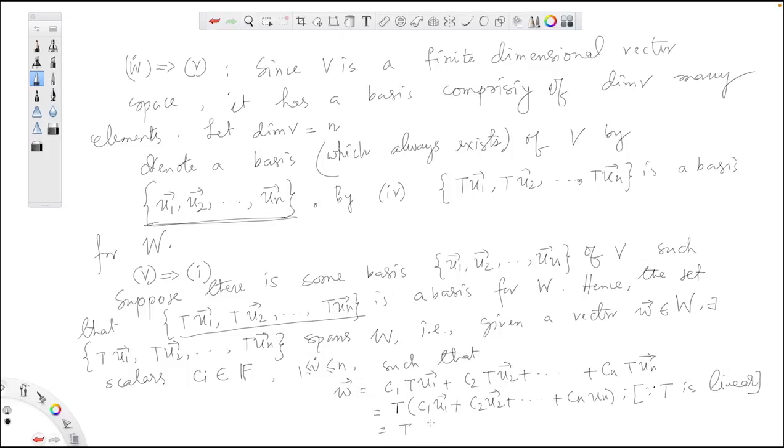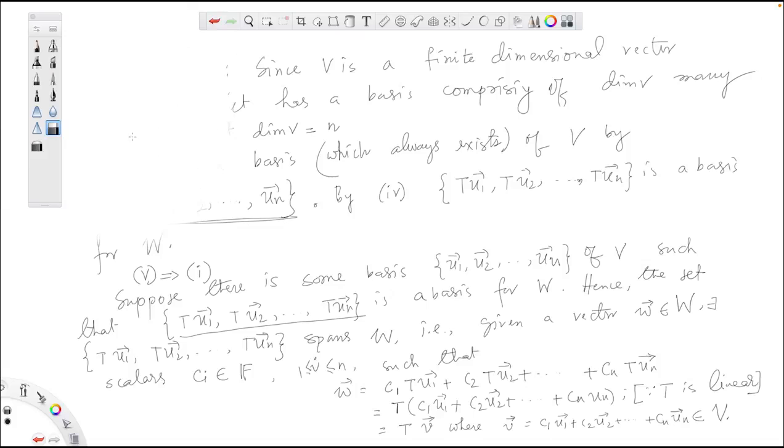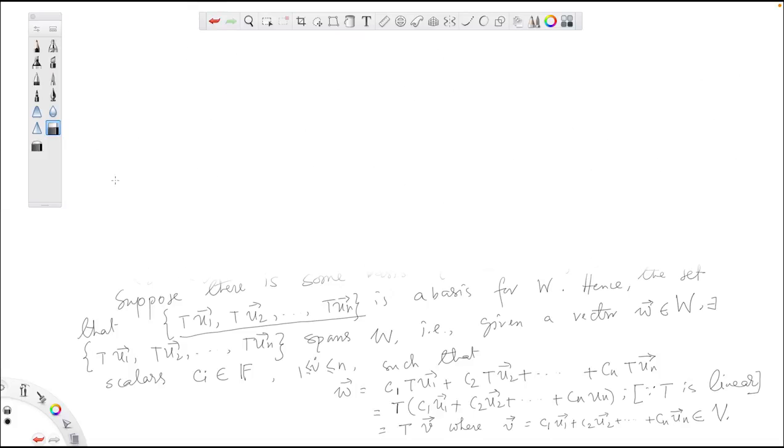We write it as T acting on a vector v, where v is given by the linear combination of these n vectors, v equal to C1 u1 plus C2 u2 plus all the way up to Cn un, belonging to the vector space V.